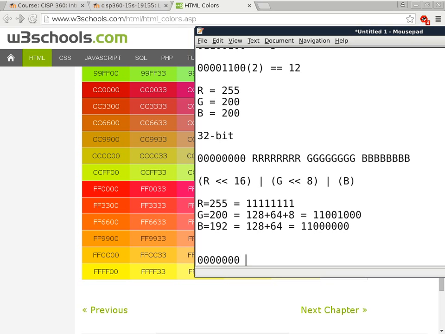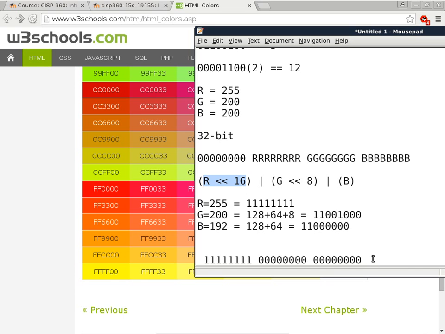00000000, and the red component is shifted 16 times. Okay, so let me just kind of work out the whole thing. 1111 1111, followed by 16 zeros. Right? This is coming from this expression. Are we doing okay so far with that one?